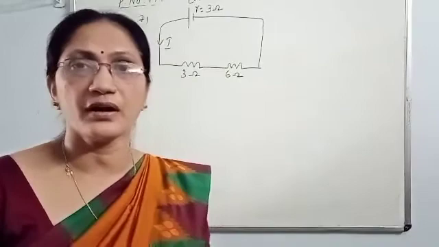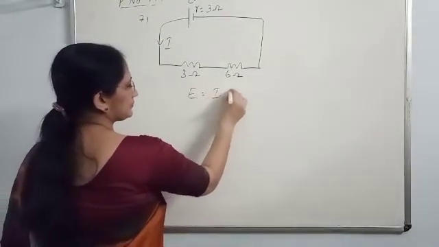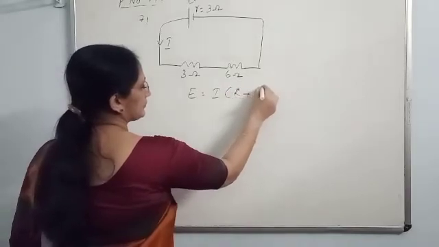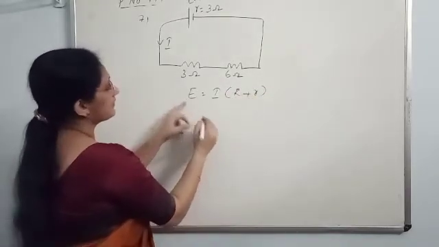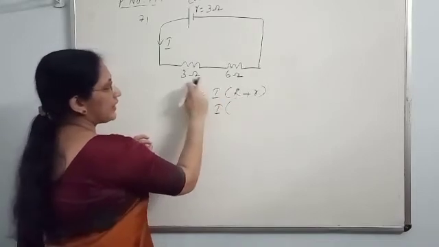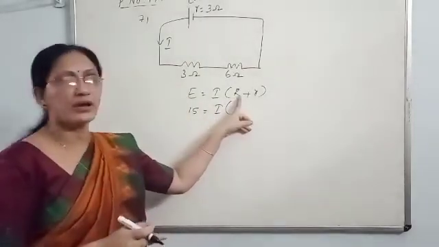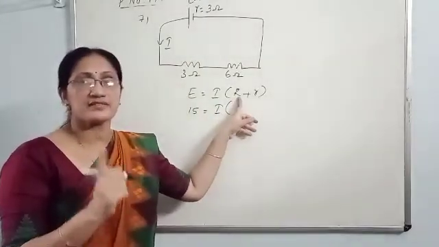Use the formula E is equal to I into (R plus r). E is given 15, I unknown, capital letter R means total external resistance. In this formula, R is total external resistance.